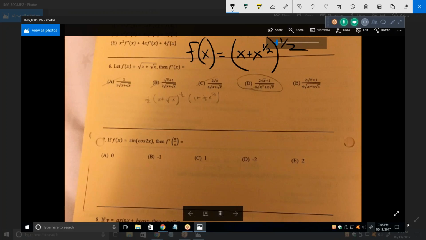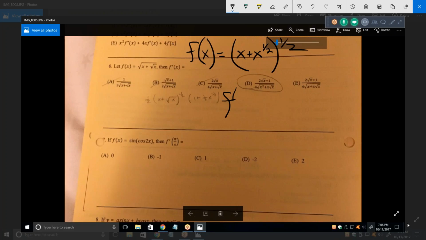You are going to have to use the chain rule. Because what is our inside? The inside is x plus x to the 1/2. Now take the derivative of the outside.